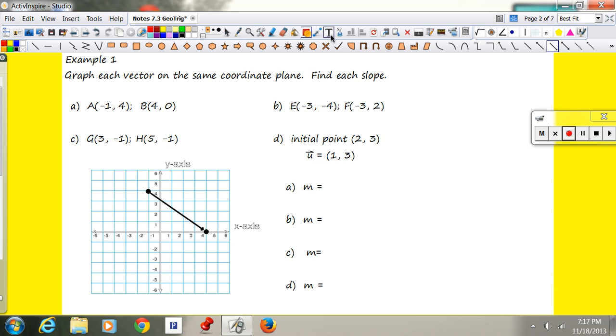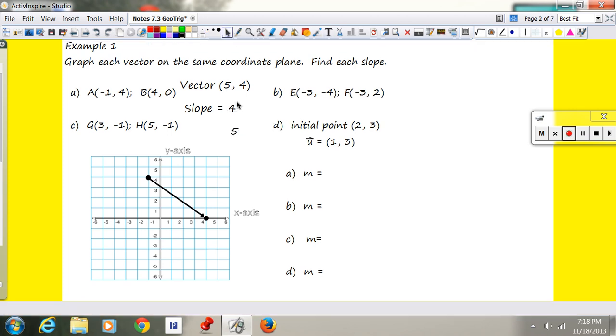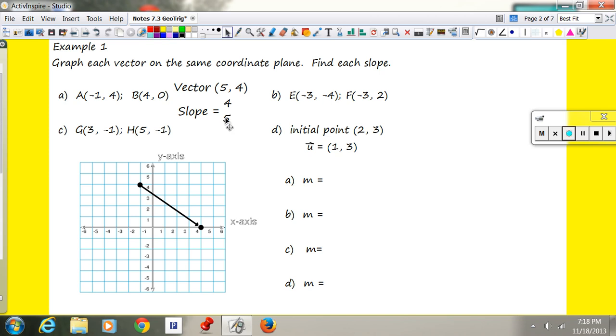So the component form of the vector would be <5, 4>. So that's the vector itself. The slope would be the y over the x. So the slope would be the 4 over the 5. So you have a slope of 4/5.